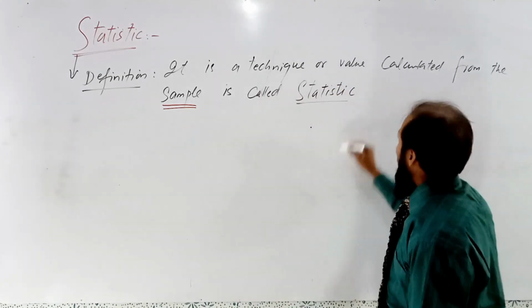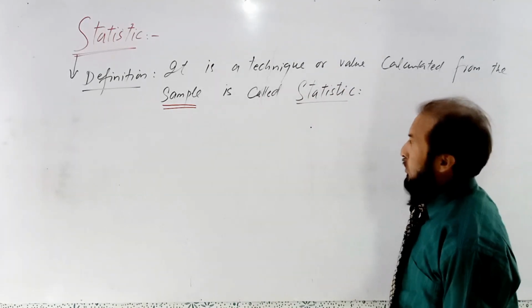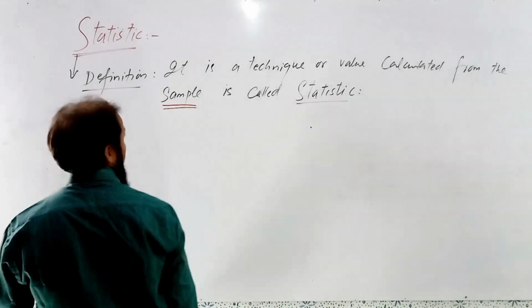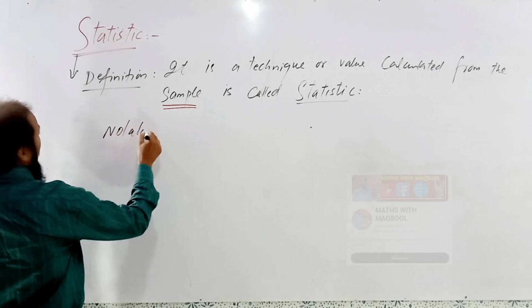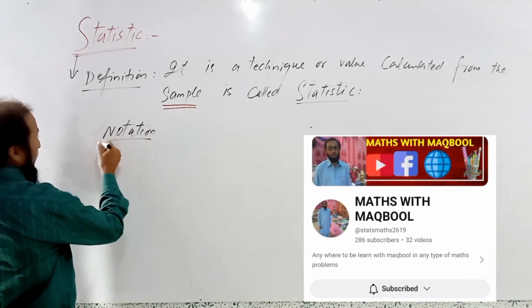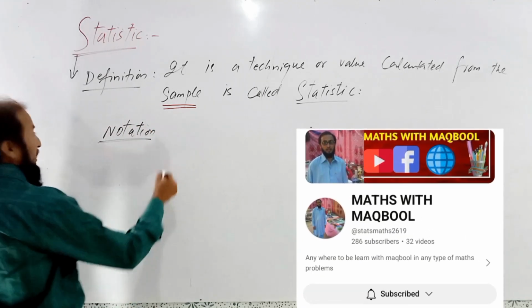Statistic is denoted by Roman letters. Its notation: how can we represent a statistic?